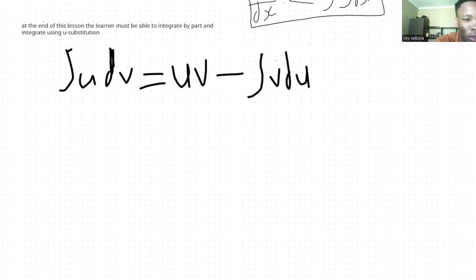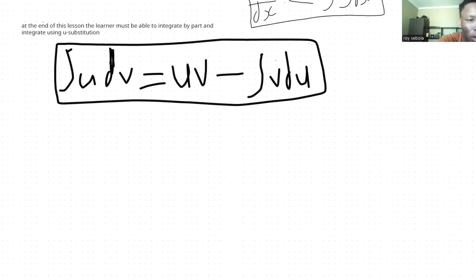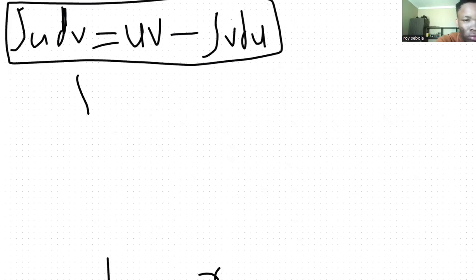So our first problem says we must integrate the integral of e to the x sine 3x.